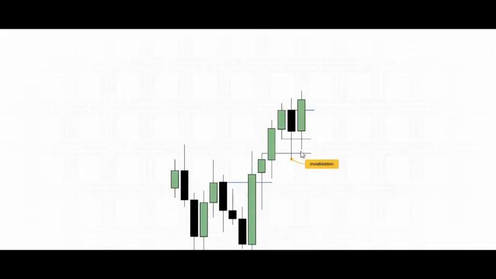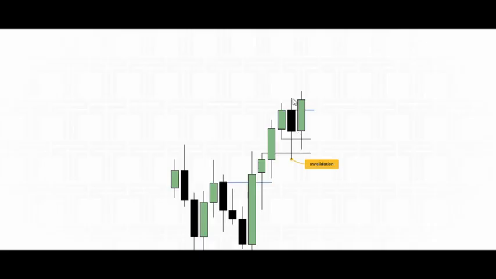And then as you can see, price then closes above the opening of that bearish candle. So when this bullish candle closes above this, now this candle, from the high right here to the open, or from the open right here to the close right here, the body of that candle is your order block.